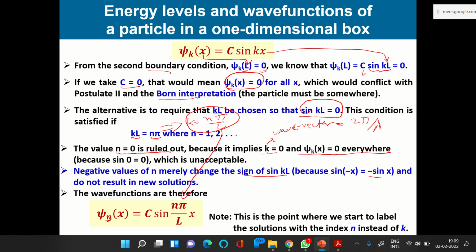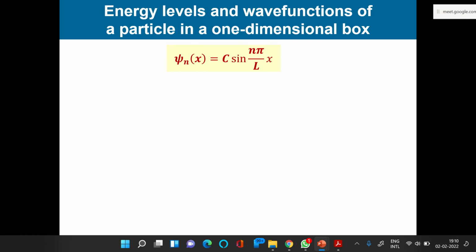So we have replaced k completely, and we have it in terms of n pi by l, and so we are also writing the psi. When we are writing psi, instead of labeling it with k, note this point, here it was k, now the subscript that we are putting is n, because we have replaced the k part with n, and so indexing is done with n now.